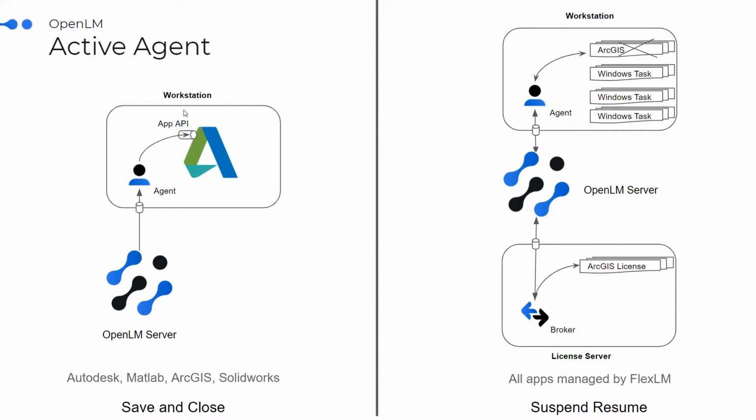Basically, it's an API that we developed code for, meaning that we only have a limited amount of applications for which we developed a relevant API which the agent can talk to. But what it can allow you to do is actually save the work and close the application in a very graceful manner coming from the application itself.